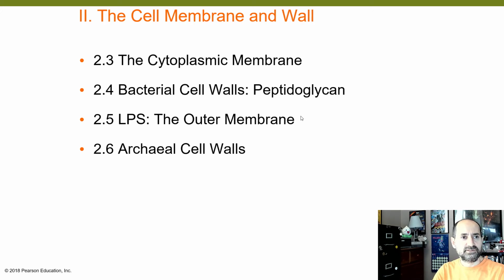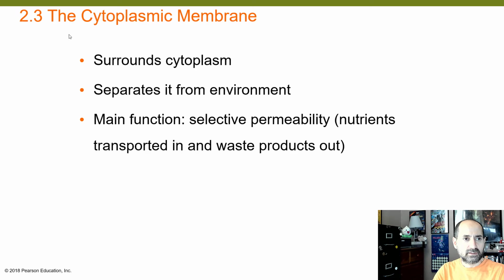All right, moving on to the cell membrane and cell wall. We have to start our discussion with the cytoplasmic membrane. Remember that all cells have a cytoplasmic membrane, but the composition of that membrane and some of the functions of that membrane may be different. The membrane surrounds the cell.